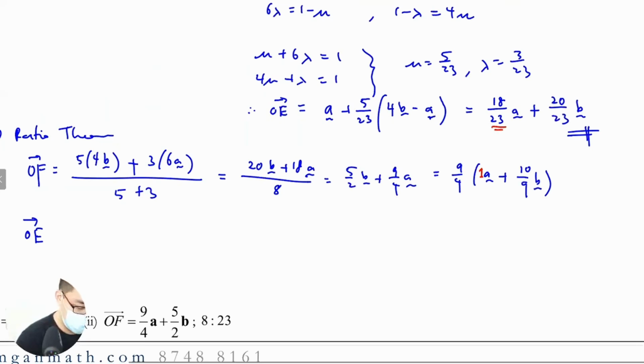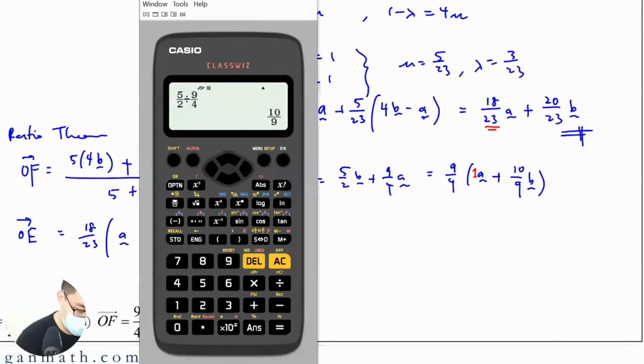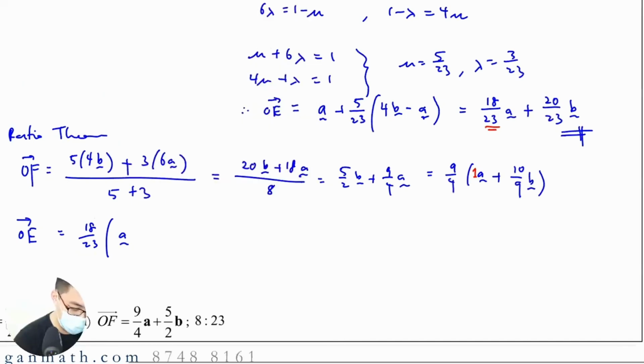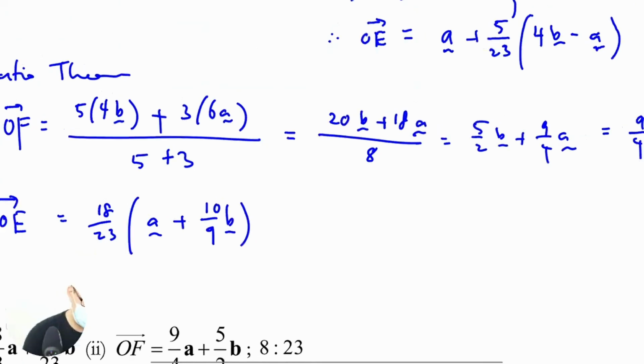So what you do is you just take 18 over 23 out. Then you just take 10 over 9. You see that?